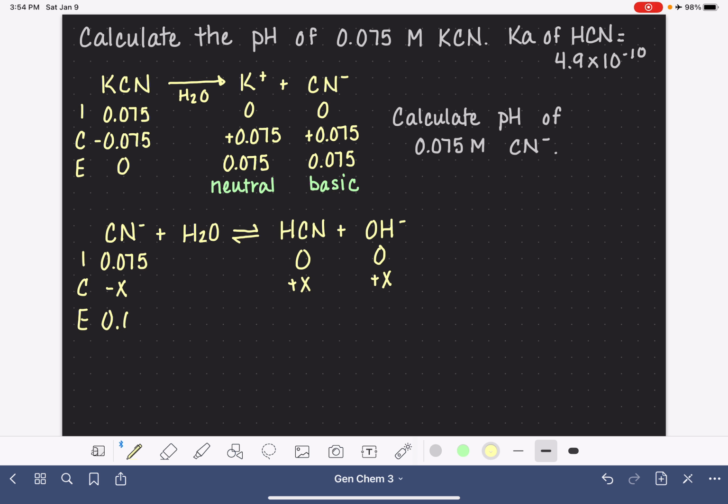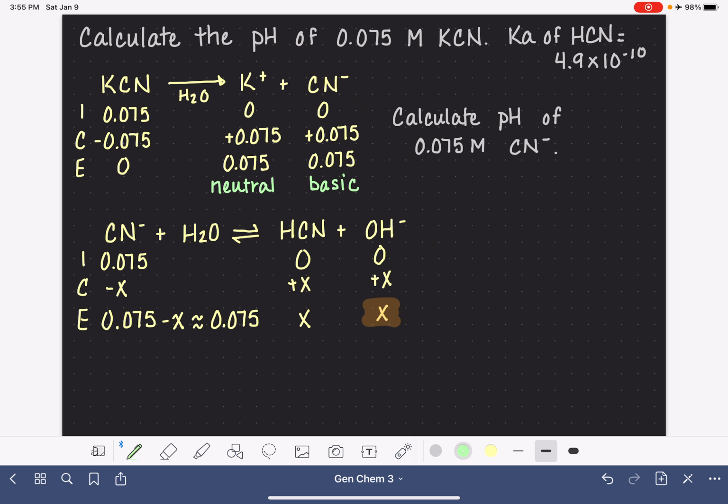Once we get to equilibrium, we're going to have 0.075 minus X of the cyanide ion, and we're assuming that X is a really, really small number, so it's just going to be about 0.075. The HCN is X and the OH minus is X. And again, what we want to know is the value of this OH minus. The value of the OH minus is ultimately what controls the pH.